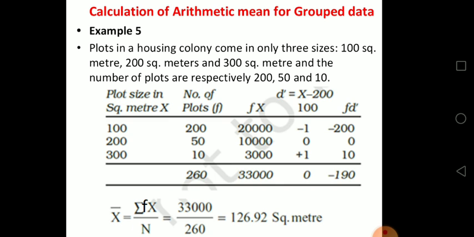Then we can sum up the fx, which gives us 33,000 divided by 260, and that gives us the mean as 126.92 square meter. I want to believe that is simple enough. You can go over the slides again for detailed explanation.